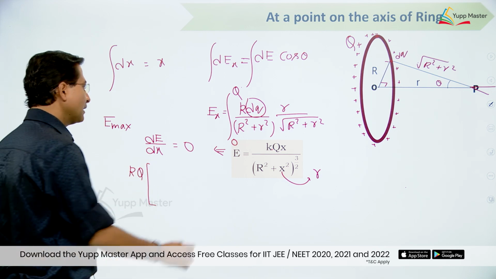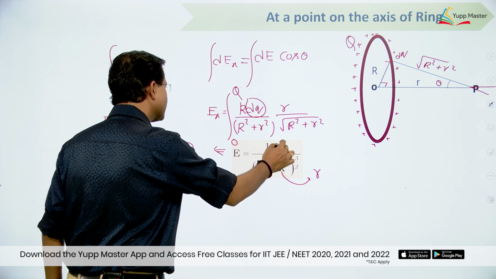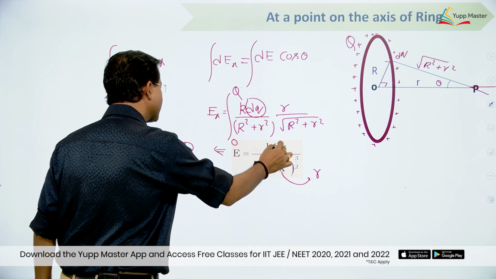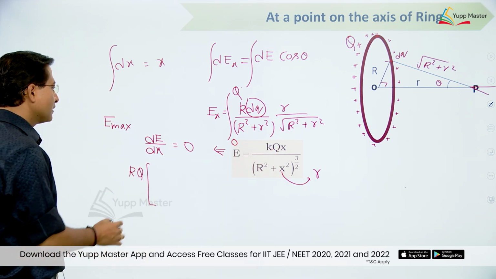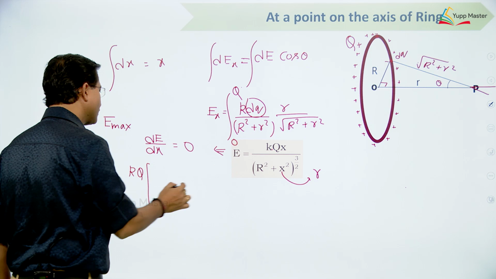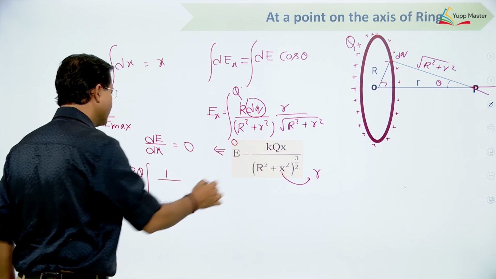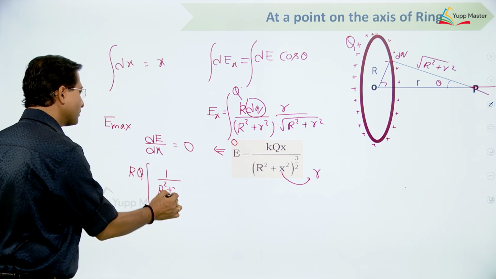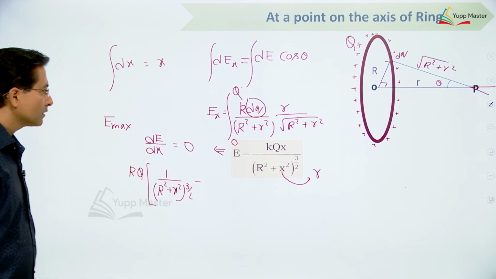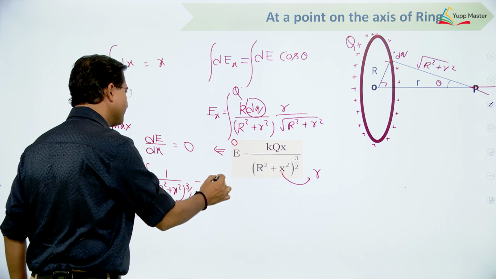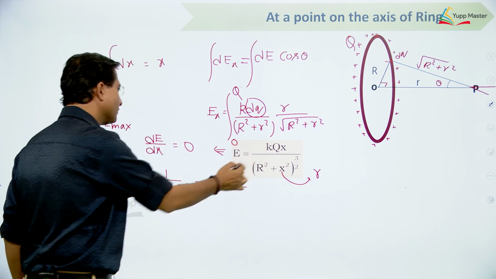Look at this one, I am differentiating it, this is one term, this is another term. So first I will differentiate this term, fx into gx, right. So first term, differentiation of this will become 1 and the other one will be r square plus x square to the power 3 by 2, right. Now keeping this x same, I will differentiate this term.